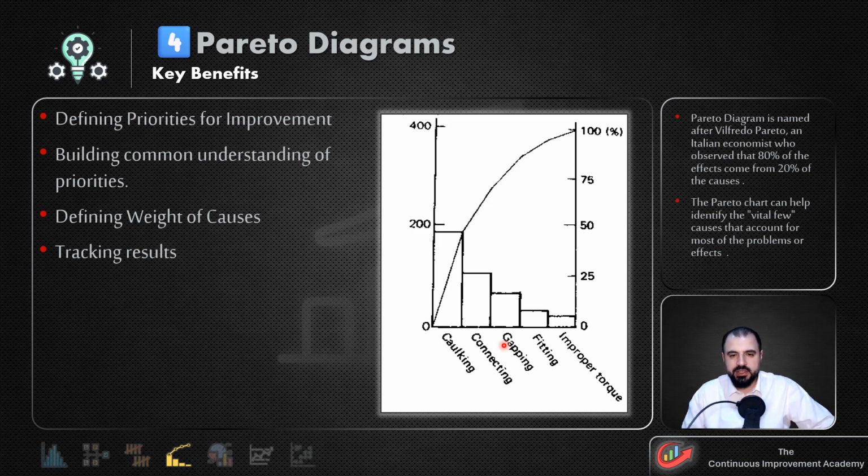It can also help us identify the weight of each cause, and help us track results. After you tackle the caulking, it should move to be the second or third priority once your improvement is done.